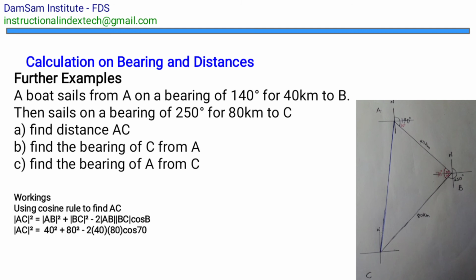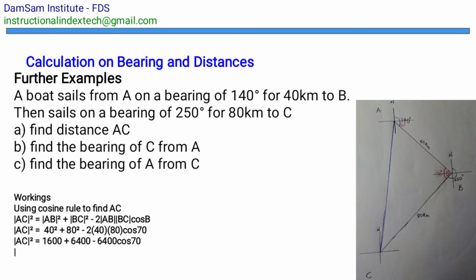So the unknown here is AC. AB is 40 kilometers, it is written. BC is 80 kilometers, it is written as well. So we can have AC squared is equal to 40 squared plus 80 squared minus 2 times 40 times 80 cos 70.